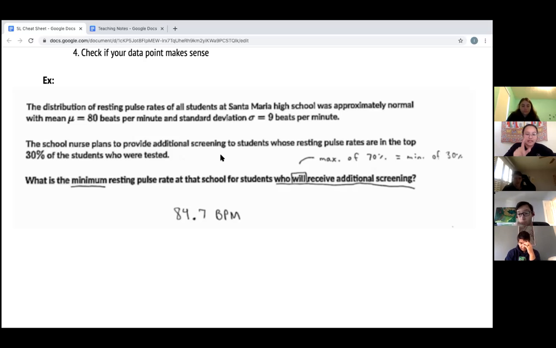So you put 0.7, and then 80 and the 9 that is given to you. And then your final answer will just be 84.7 BPM in 3 significant digits. And that's how you go through this example, which will make more sense as we go through the worksheet.